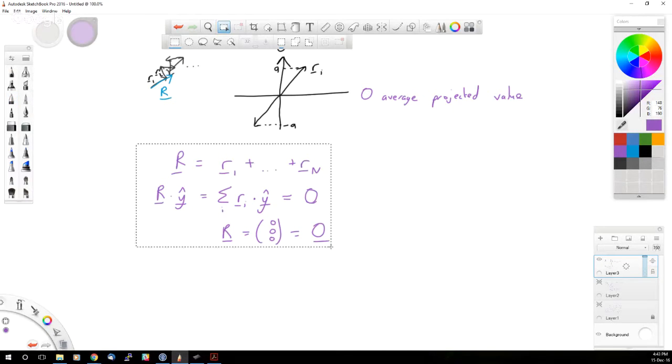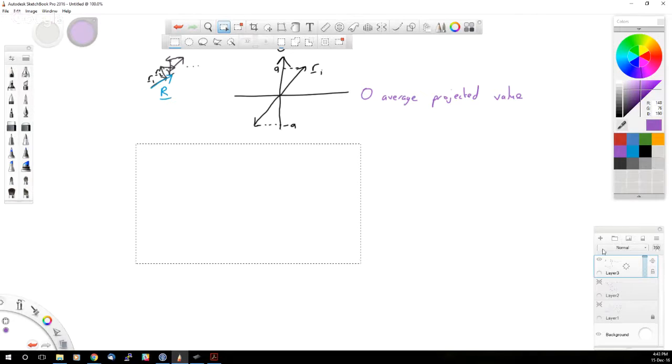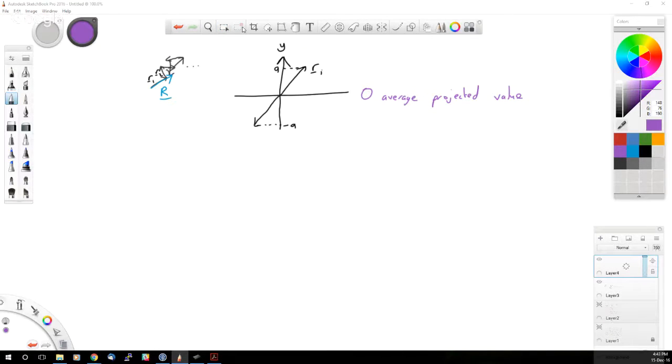Now, if I just move that out of the way. Part C says, show that R squared, where R is, in this case, a modulus, not a vector, can also be obtained by adding up the vectors r sub i and taking the scalar product of the vector sum with itself.